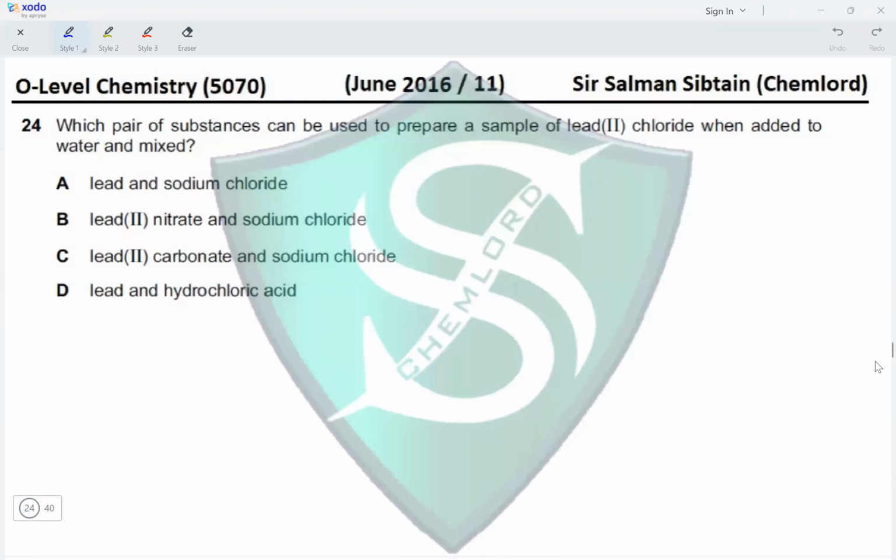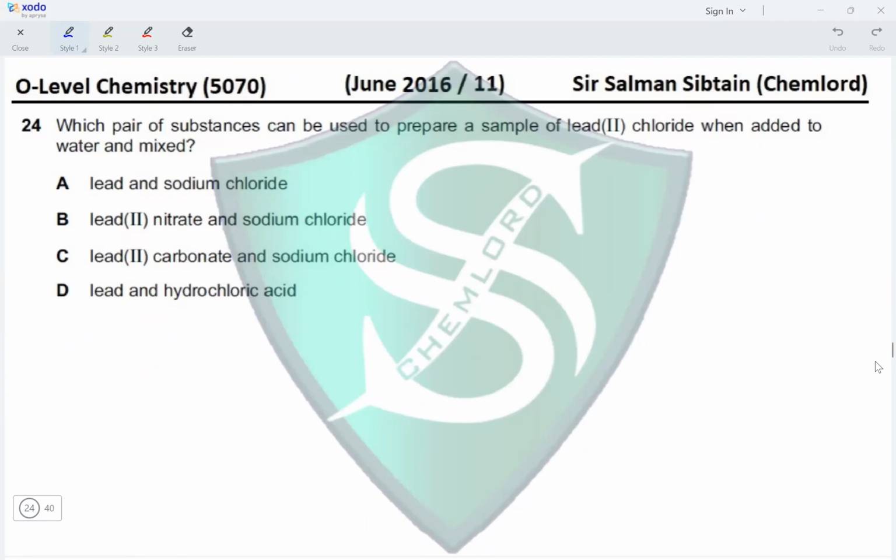Question 24. Which pair of substances can be used to prepare a sample of lead(II) chloride when added to water and mixed? So we need something that is soluble and will react with an acid to form a salt that is insoluble.